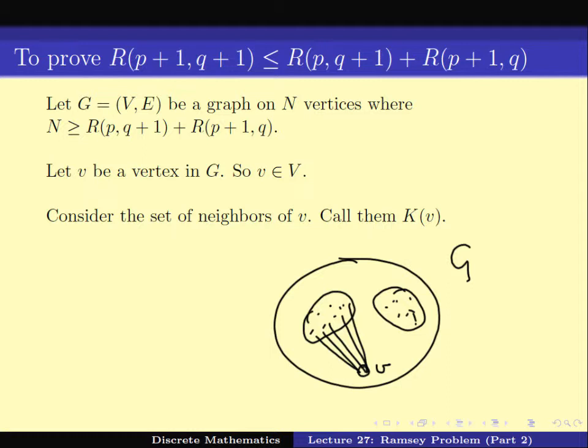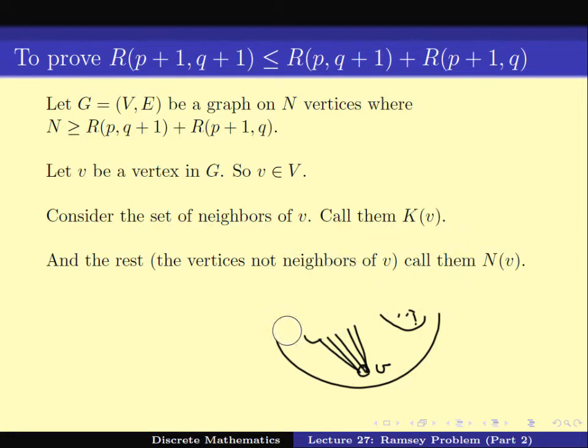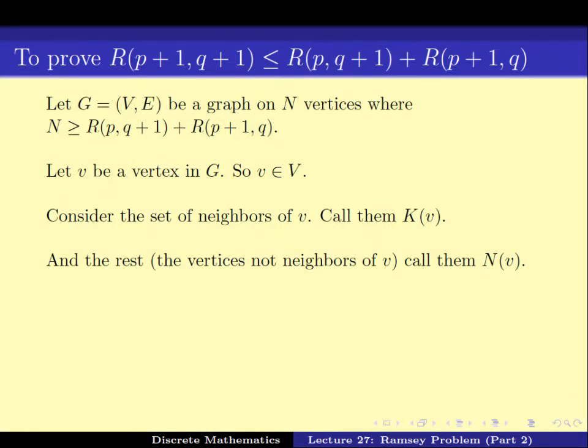So we call the neighbors of V, K_V. We call it K because it's like the known. V knows this set of people. Remember that this graph is just a mathematical representation of the problem. And we will call the other one N_V. So the set of neighbors of V is called K_V, and the set of vertices that are not neighbors of V is called N_V.